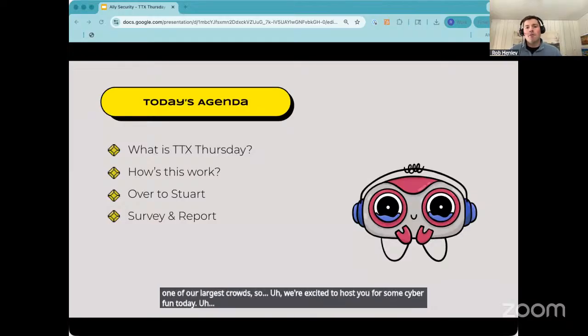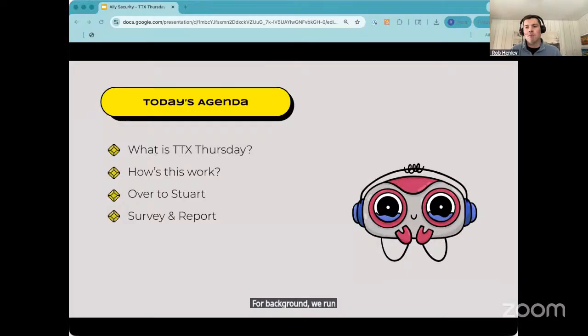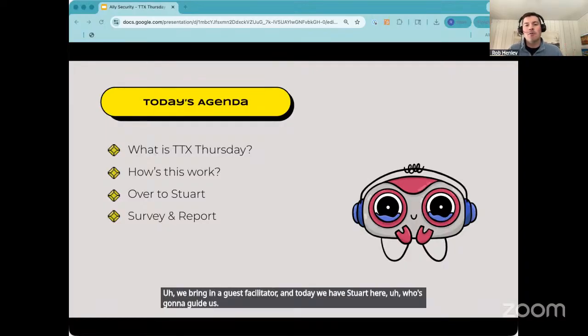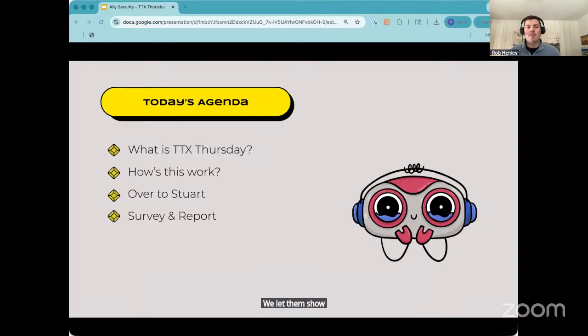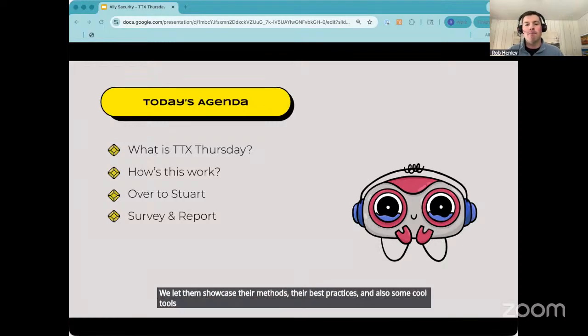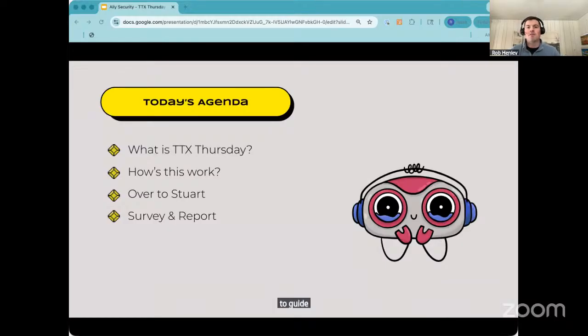For background, we run these exercises about once a month. We bring in a guest facilitator. Today we have Stuart here, who's going to guide us. We let them showcase their methods, their best practices, and also some cool tools to guide the exercise process. Today we'll be playing a fictitious company, so keep that in mind.